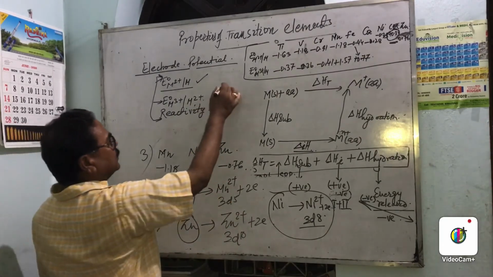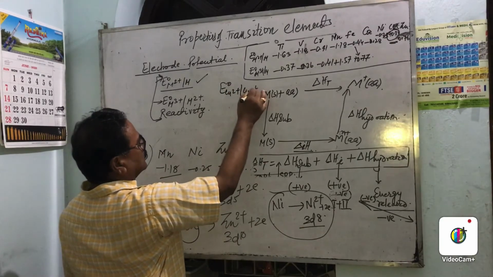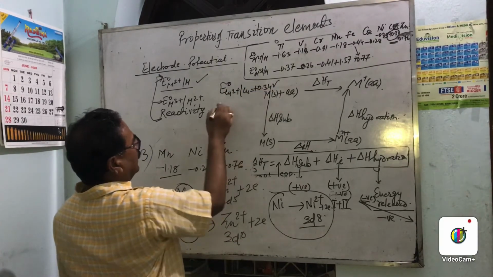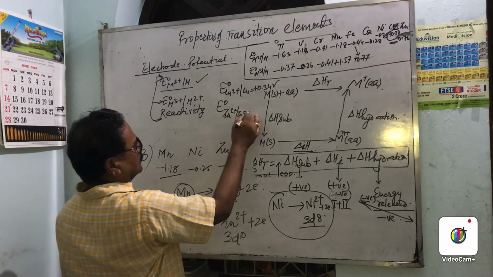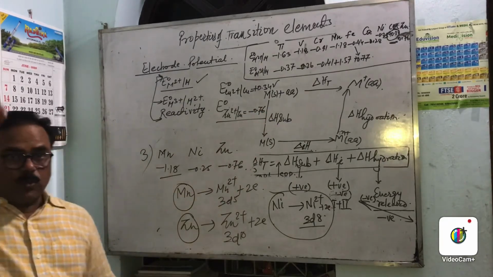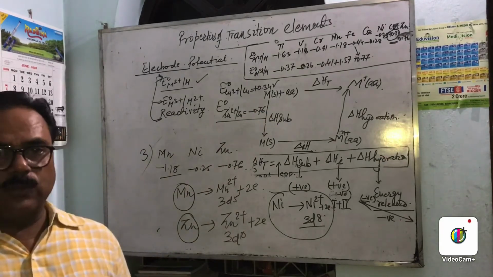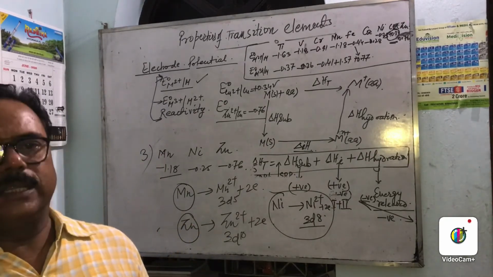If you get confused, then quickly consider copper 2+, that is plus 0.34 volt, and quickly consider Zn2+ as well. So the lower the reduction potential value, meaning the more negative the reduction potential value, the more the tendency to lose electron and get oxidized.